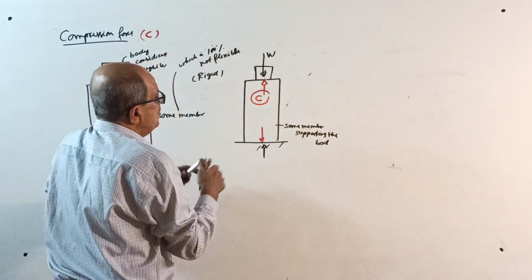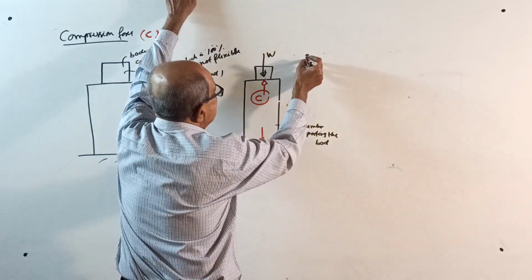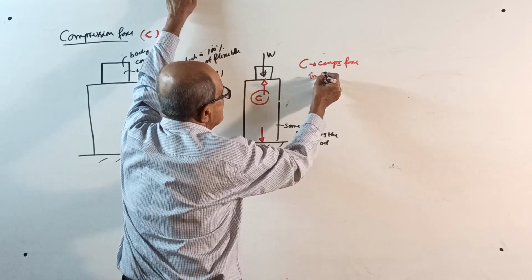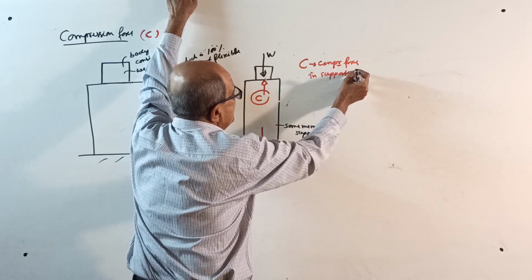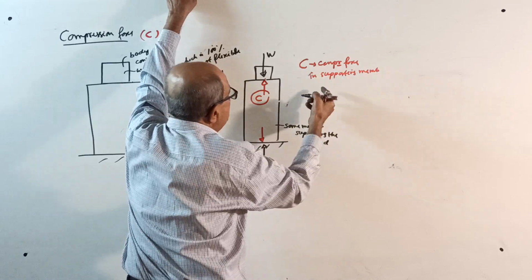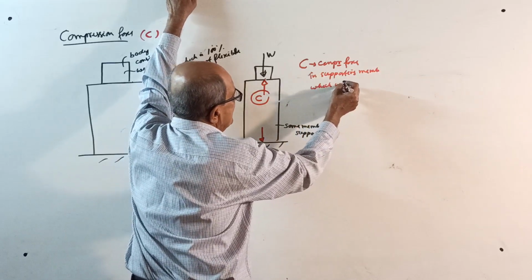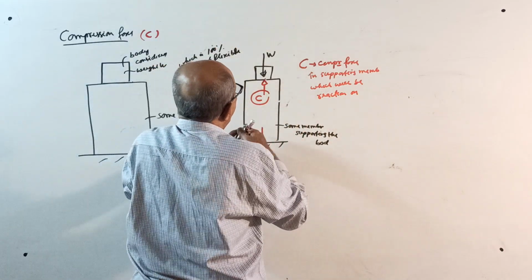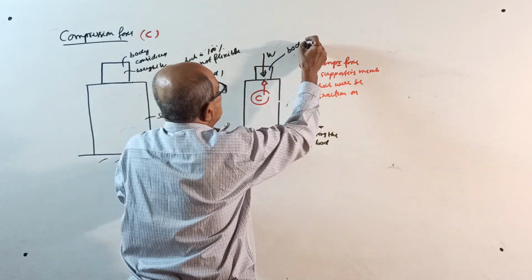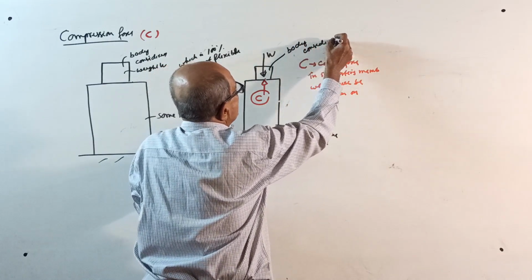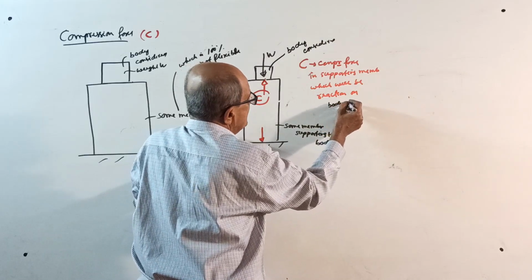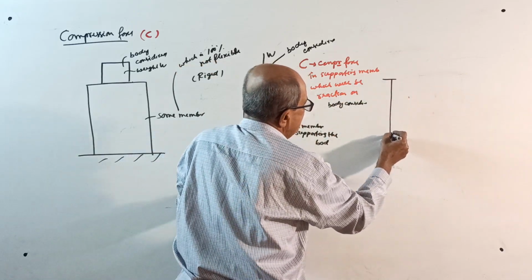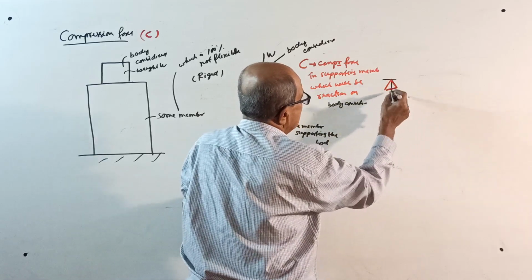So C is the compression force in the supporting member, which will be the reaction on that body, the body considered. Therefore, if I write only compression, it will be like this.